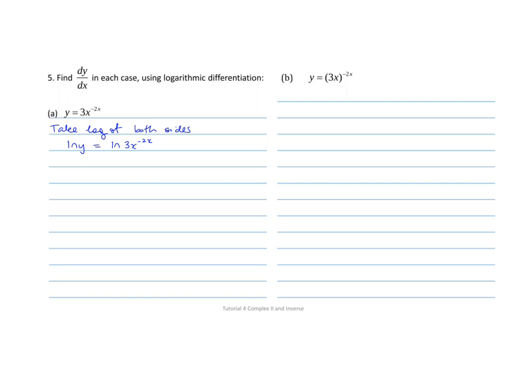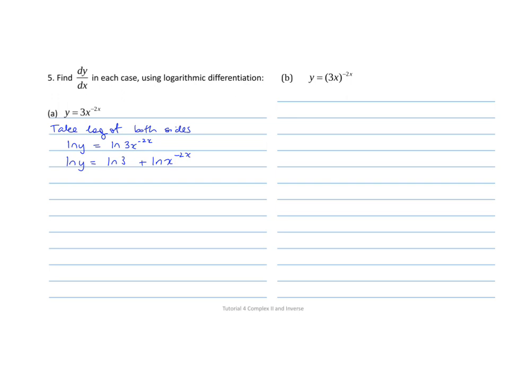We need to first split this up because it's 3 times x to the minus 2x. So, using log rules, this is a product, which is equal to log 3 plus log of x to the minus 2x. And this is a huge mistake that is made. I mean, logs are actually taught in high school, and quite often, as soon as you see a power, I've done it myself, you're assuming that power is for both the 3 and the x.